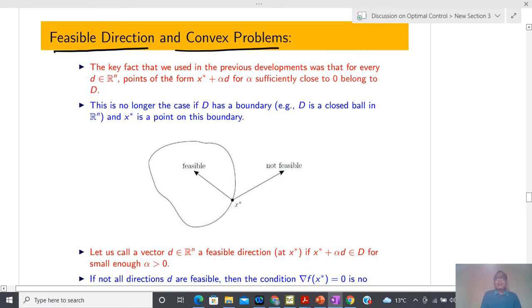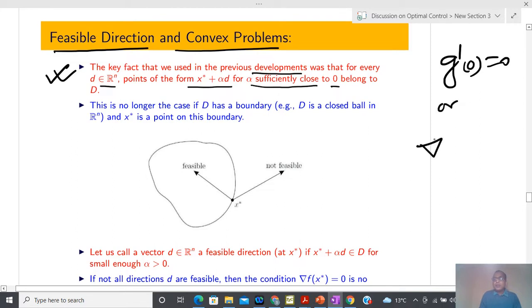The key fact that we used in the previous development is that every d, x star plus alpha d, for alpha sufficiently close to 0, belongs to D. That kind of thing I have used. If I do not assume this, then I cannot prove g dash equal to 0.